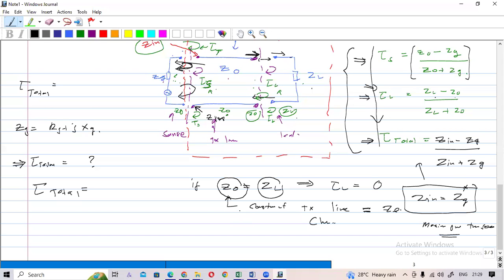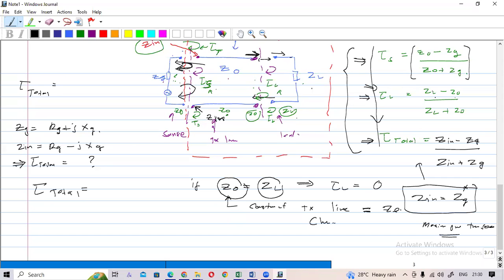So at the conjugate matching, Zg is equal to Rg plus jXg, then Zin should be equal to Zg conjugate, that is Rg minus jXg.